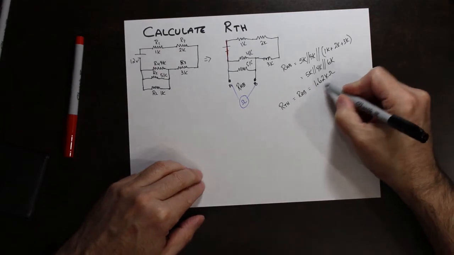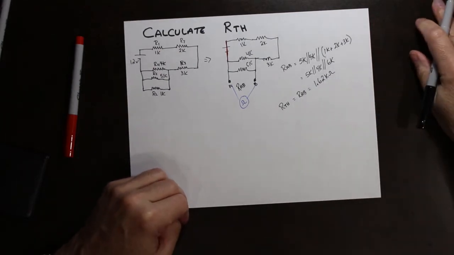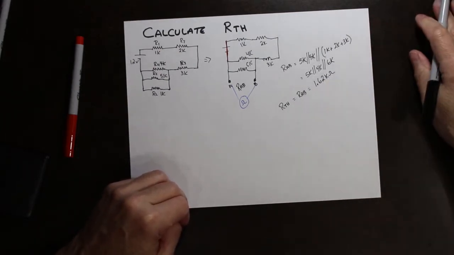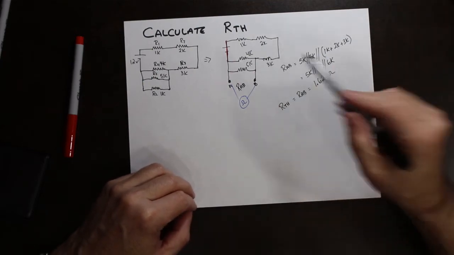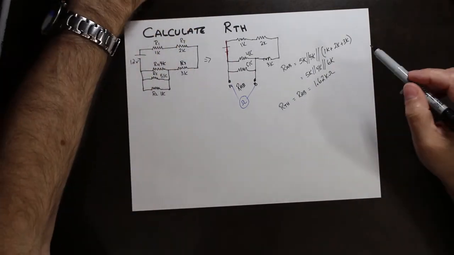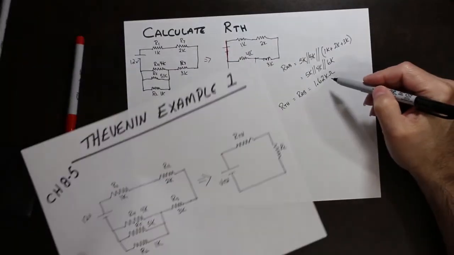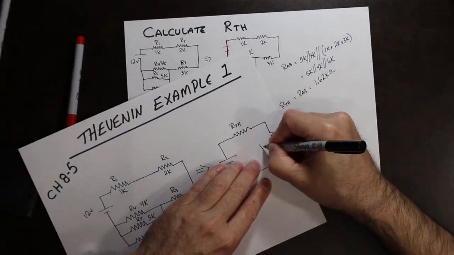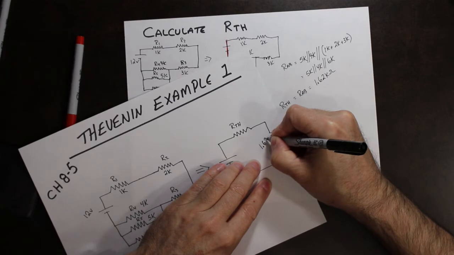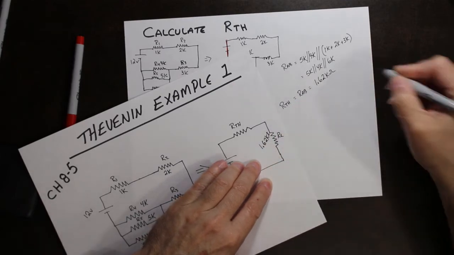If you come out with a bigger number here than any of these, then that must be incorrect if these are in parallel. So our Thevenin resistance for this particular circuit comes out to be 1.62K. So I'm going to put that right here in my circuit, 1.62 kiloohms.